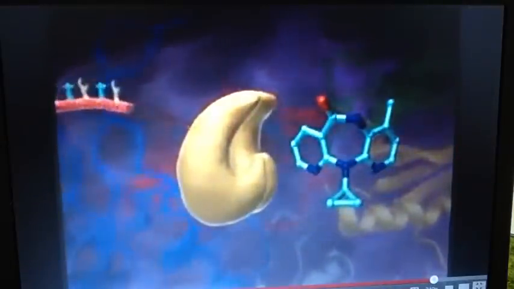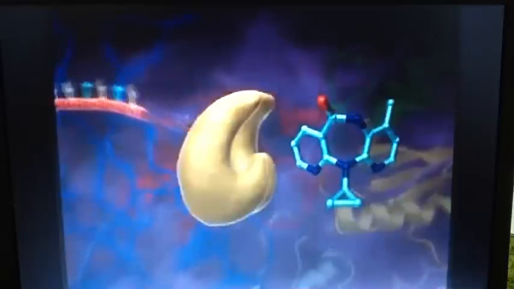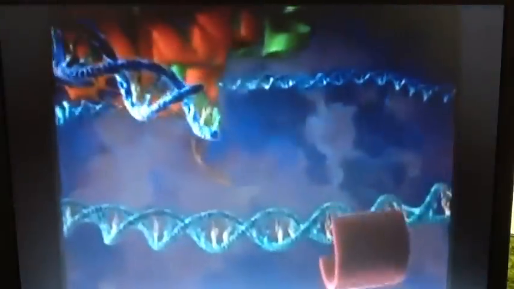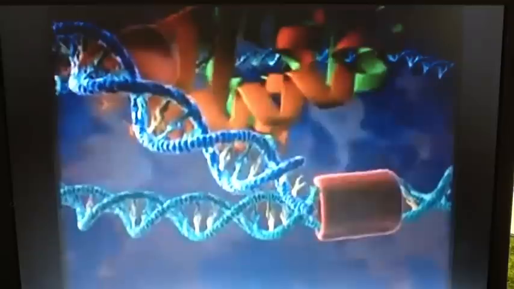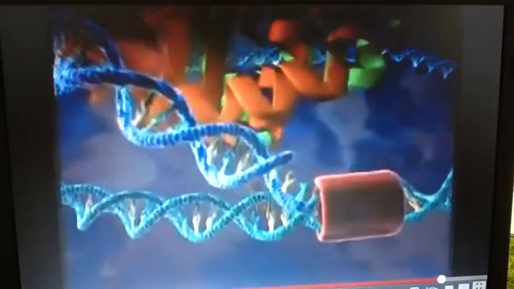This is the common standard drug used in many antiretroviral therapies. The next thing it's going to do is it's going to stop the integrase from putting the HIV DNA into the T cell DNA. This is also very common.